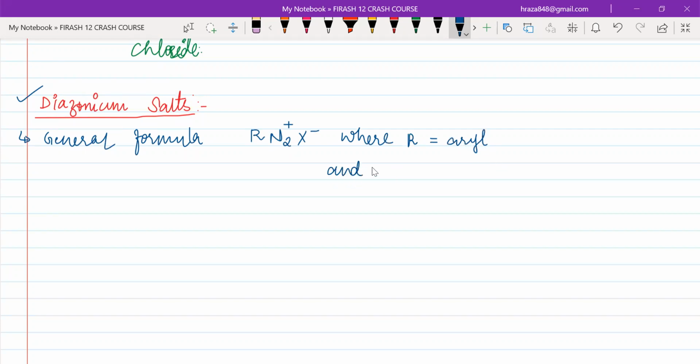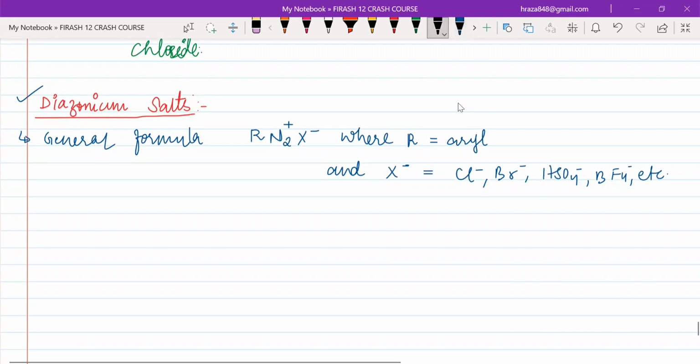And X- does not only mean a halogen, but may be Cl-, Br-, HSO4-, BF4-, or any group like this. So these are basically diazonium salts.